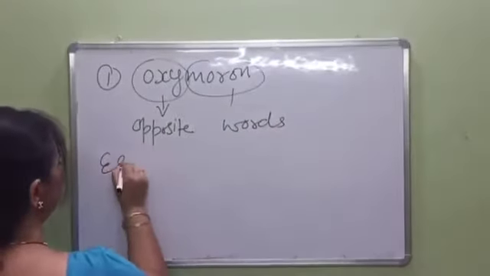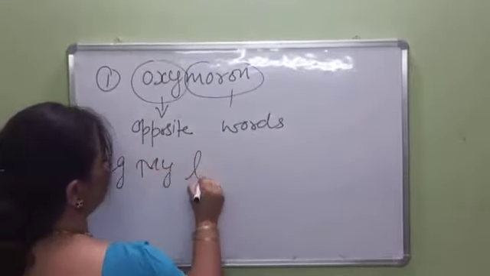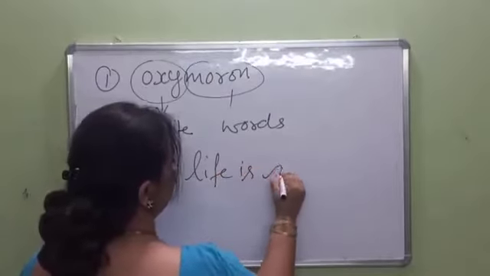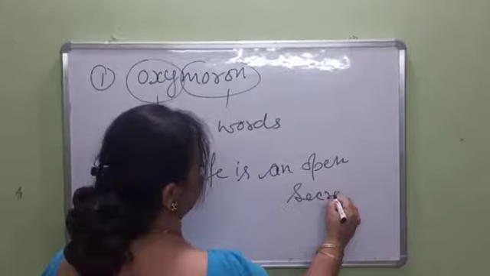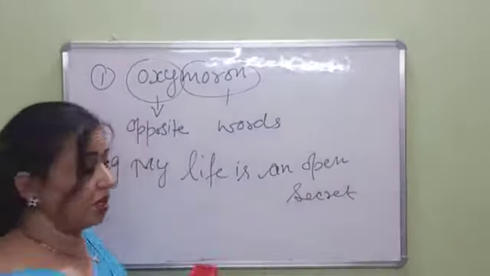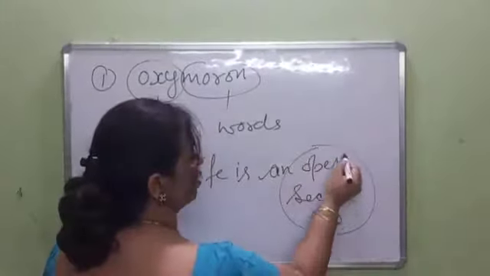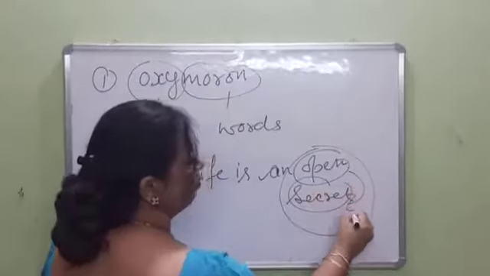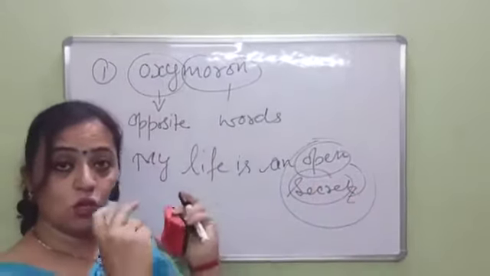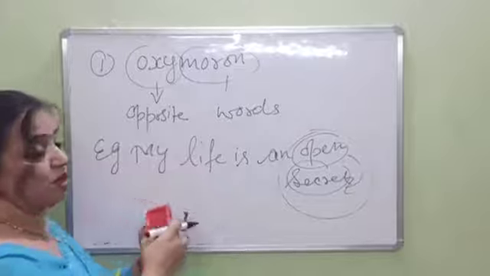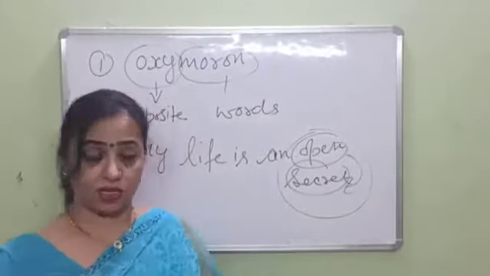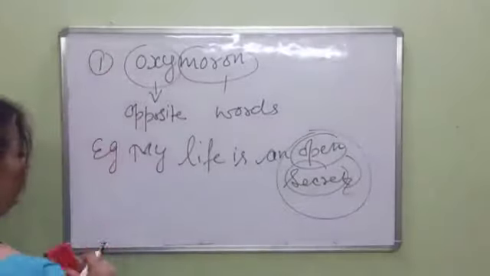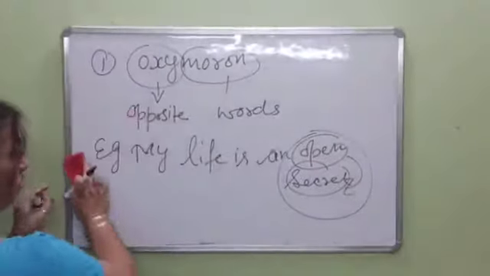One example: my life is an open secret. Now you see, my life is what? An open secret. Open and secret are both opposite words. So oxymoron is a speech where you are given 2 different words together in a sentence. So this was oxymoron, an interrelated figure of speech.